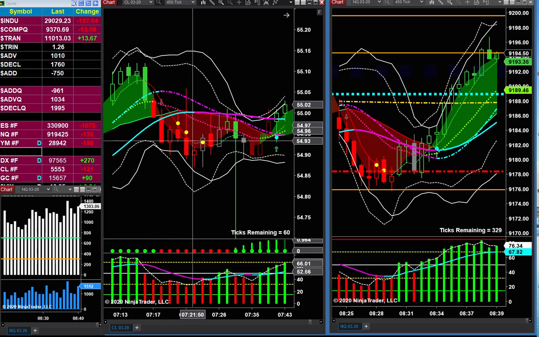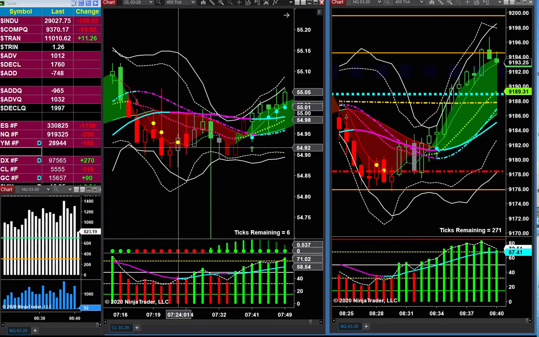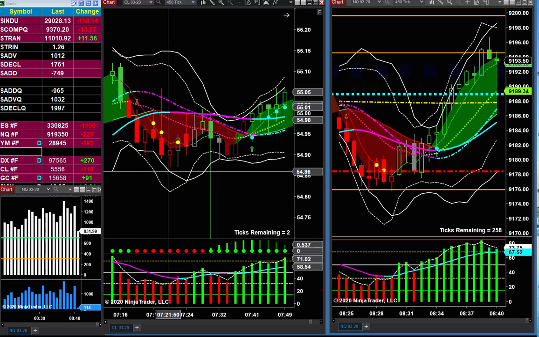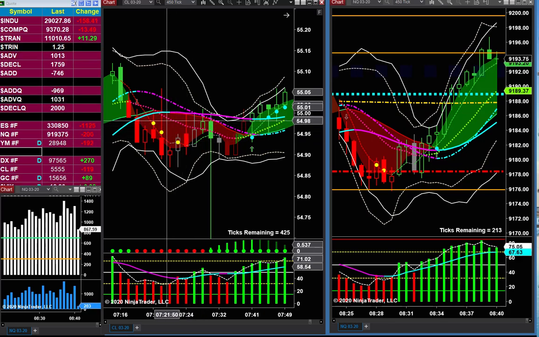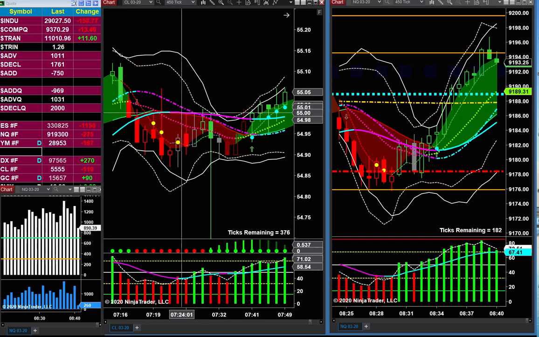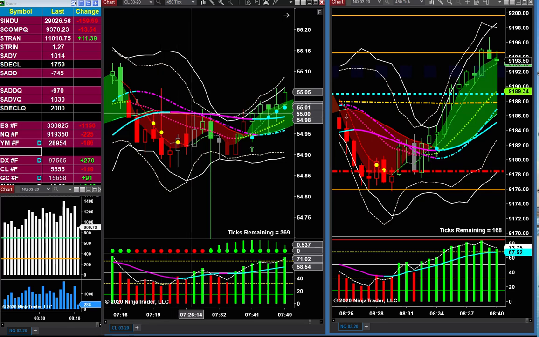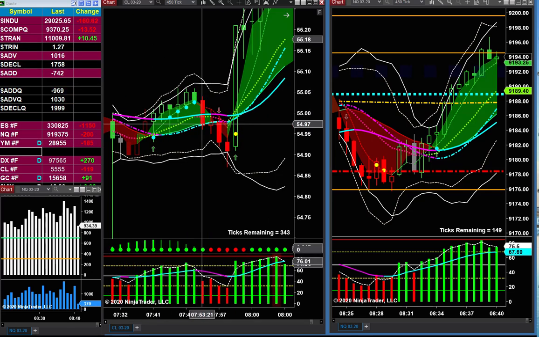So this could have been taken, but it's not really correct because you got a fat channel that's formed from all this sell-off. So you got to be real cautious here when they do form with a flat dynamic trend band. See, if I put my cursor up there, there's no question that that's completely flat. So you got to be careful with that. Don't be too anxious to trade. Just watch and wait and see what happens.